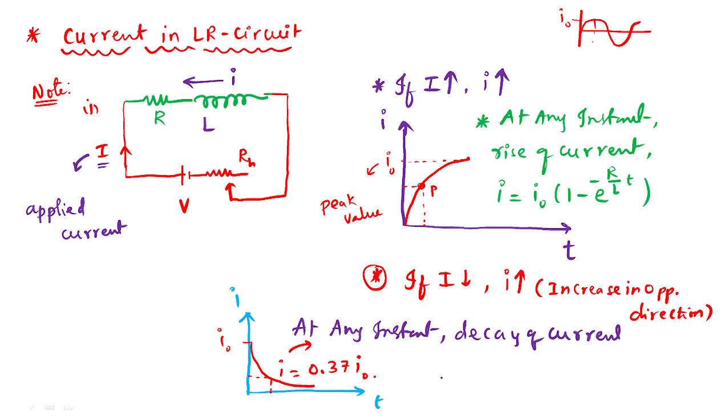How much decay will there be? I is equal to I naught times e power minus R divided by L into t. Got it? No need of derivation, sir, but directly remember the form. Earlier what I did, we are just adding one resistance in front of it. Right? Note down.